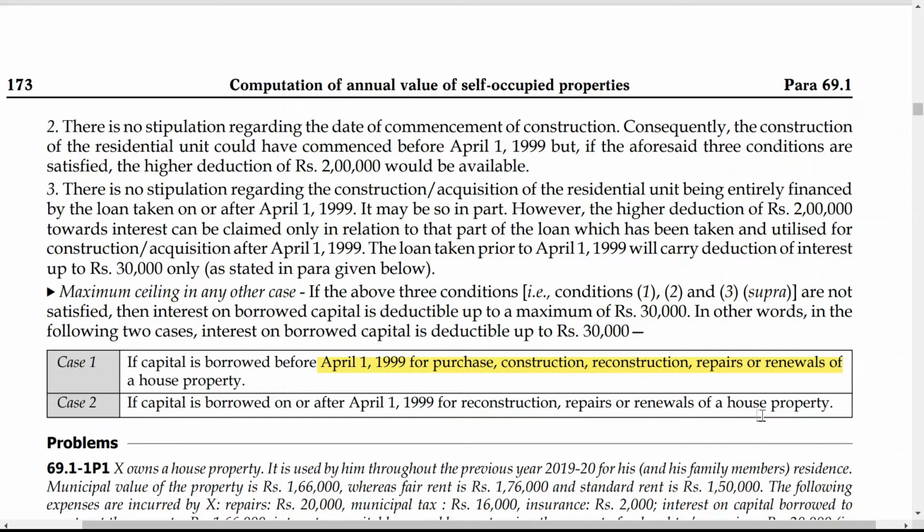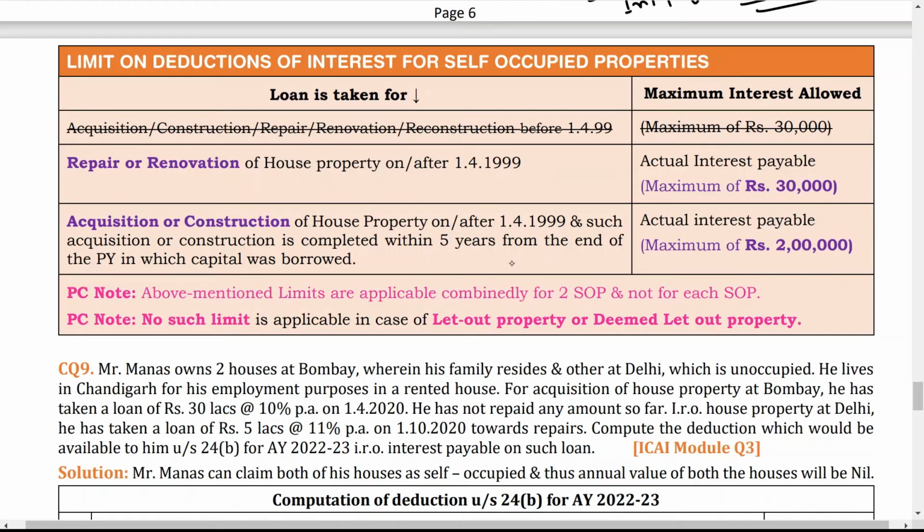But if loan is taken after April 1, 1999 for reconstruction, repairs and renewals of a house property, then 30,000 is available. But if loan is taken after April 1, 1999 for acquisition or construction of the property, then 2 lakh is available as a deduction.